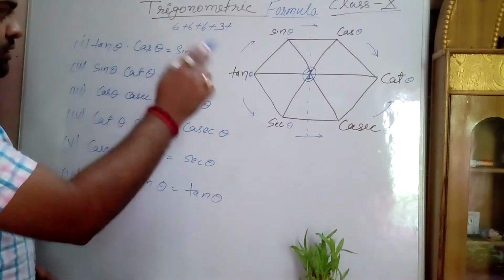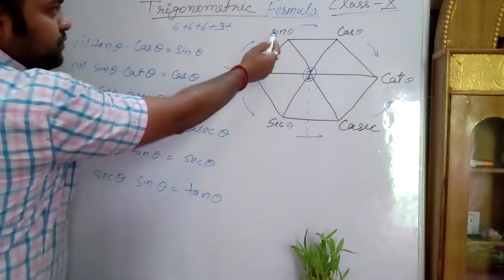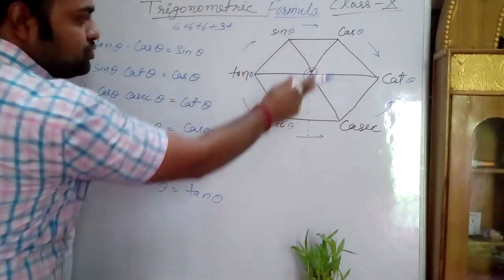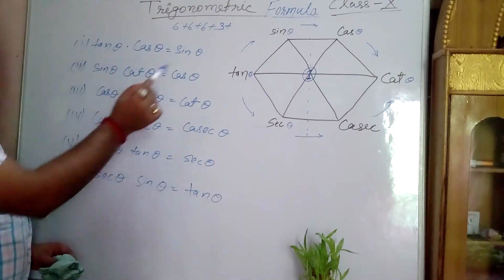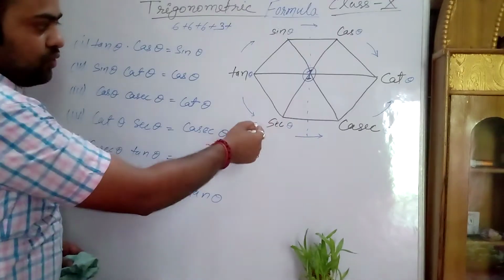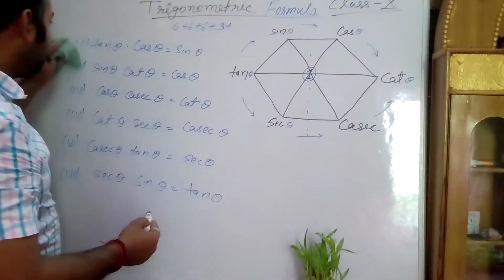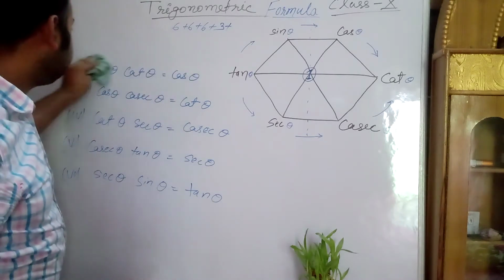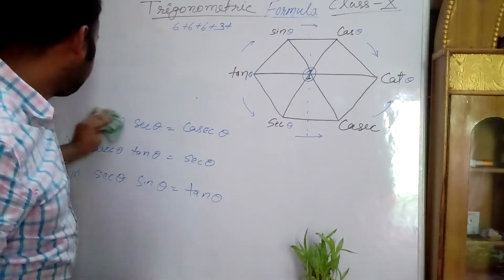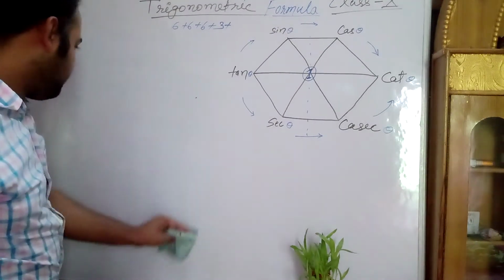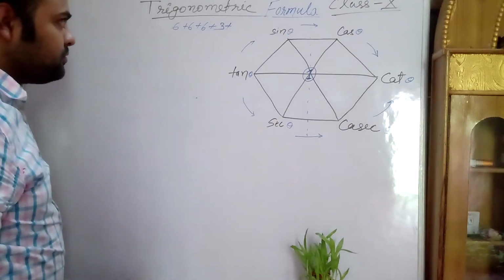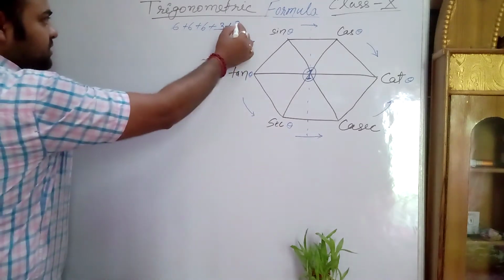By multiplying this to this, we get this. This is the cross multiplication. By multiplying the one gap in 3, we are doing the 6 formulas.